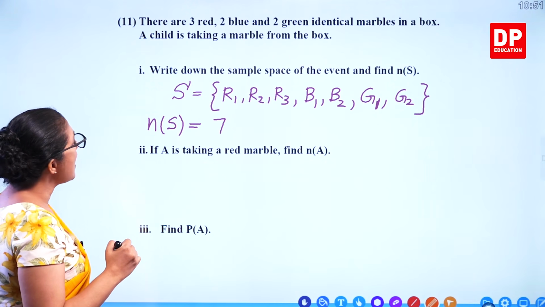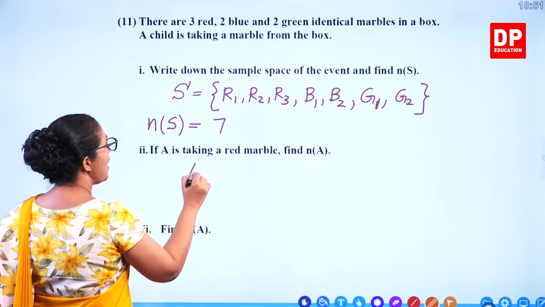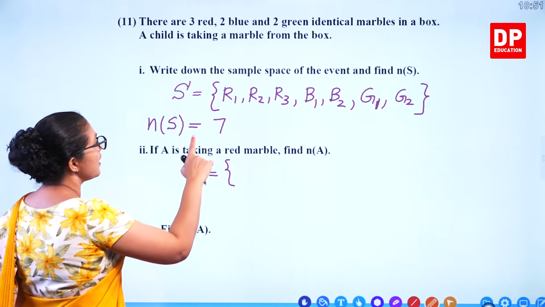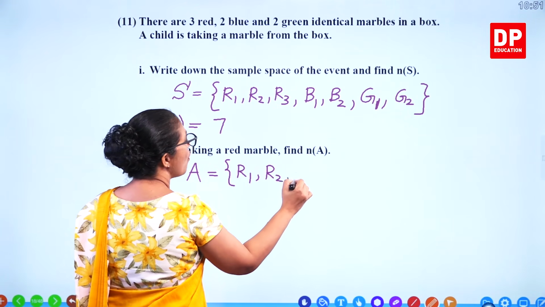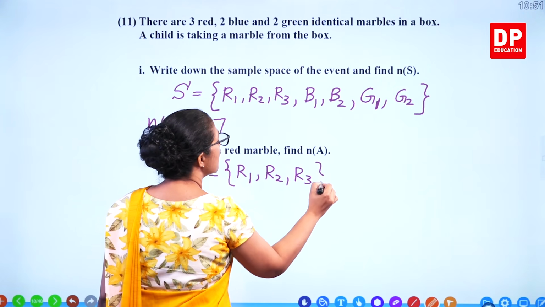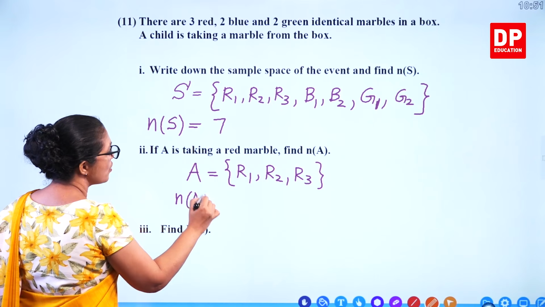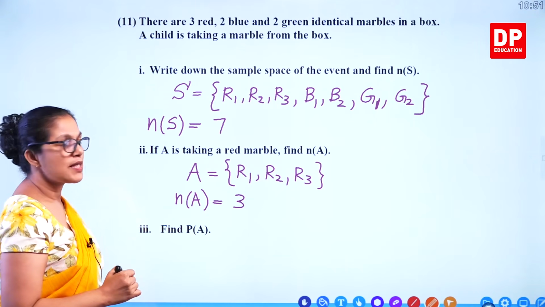If A is taking a red marble, find NA. So A means, what are the possibilities? Red marble. It can be R1, R2 or R3. So what's in A? Number of outcomes in A? 1, 2, 3. 3 outcomes are there.